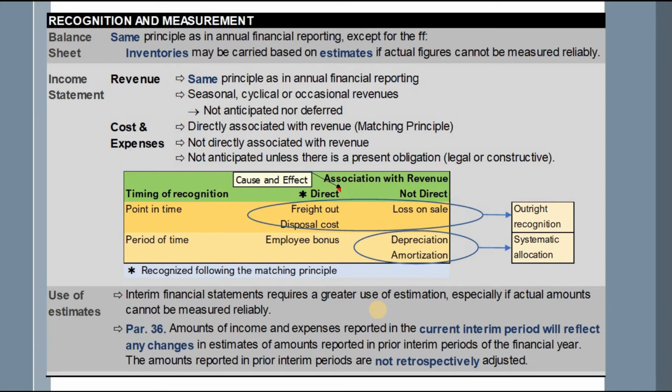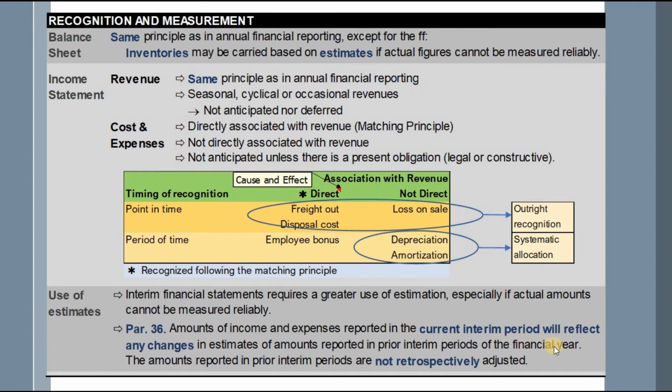The most common example, of course, is the inventory. We cannot determine the actual cost of the inventory because we have not conducted any physical count. And in order for us to determine the inventory balance at the end of the interim reporting period, we are allowed to use estimates.